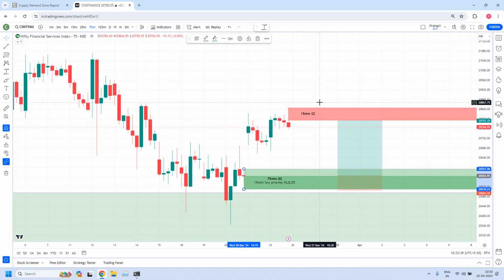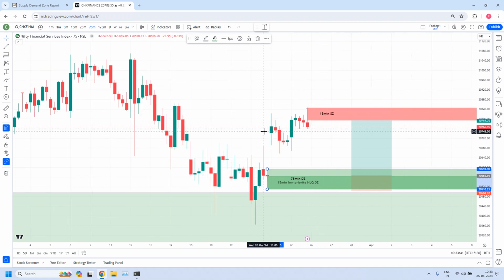What about the 75 minute supply zone? Here we have a rally, base, drop. If you feel this is an ERC candle, in case you feel, here also you can take rally, 2 base candles and a drop. This is a small, medium size candle.